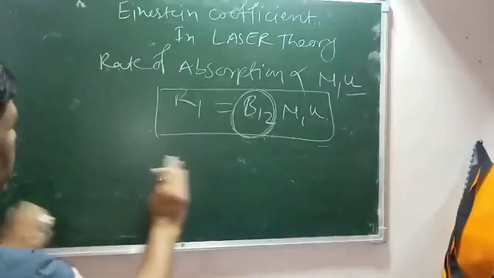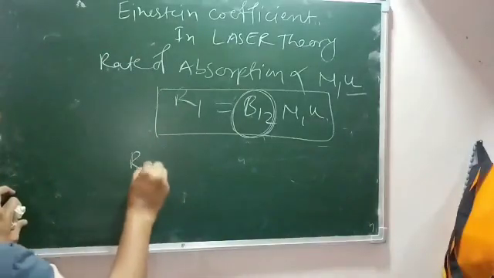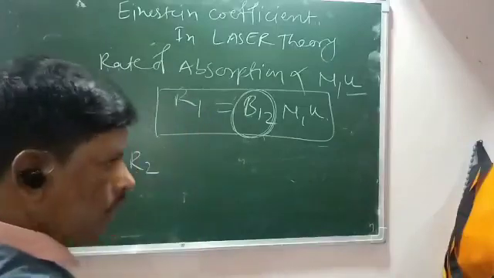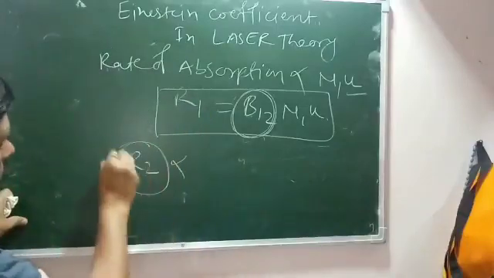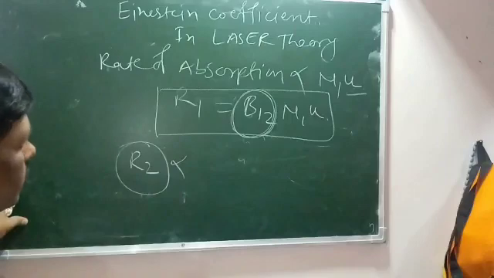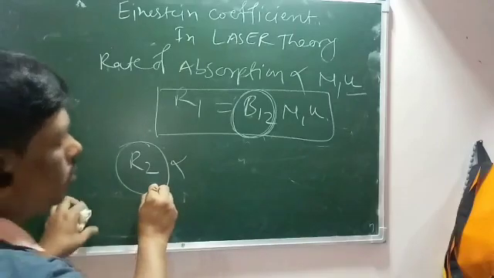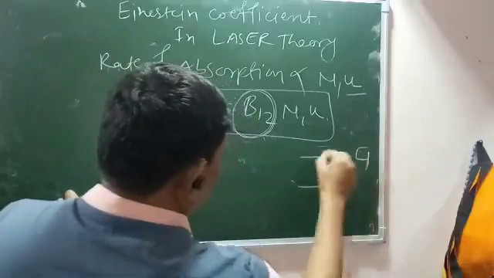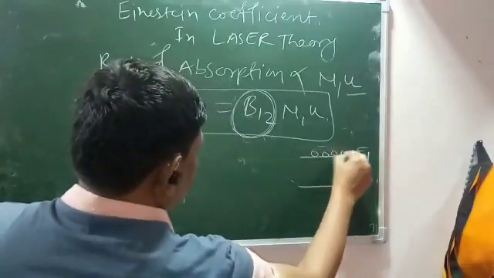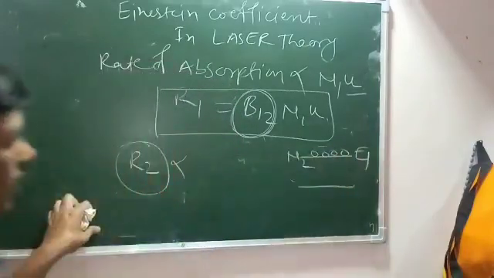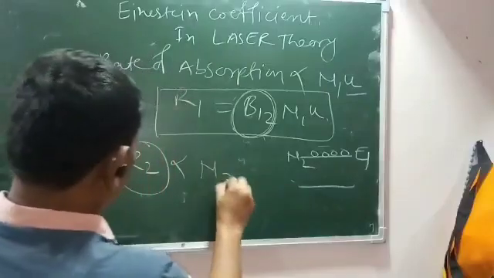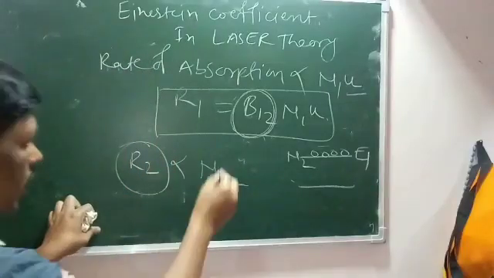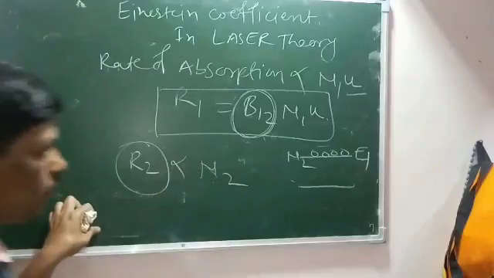Similarly, we can write the rate of spontaneous emission. Here R2 is the rate of spontaneous emission. R2 is proportional to only the number of particles in the excited state, N2. So we can write R2 proportional to N2 because it is self emission, spontaneous emission.